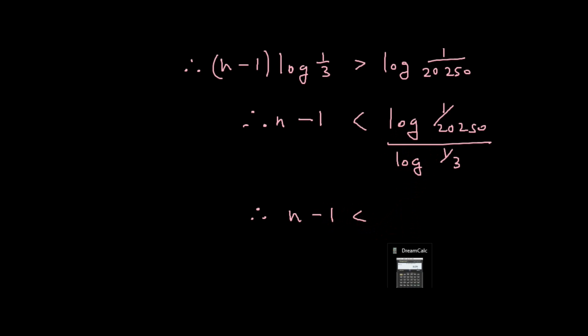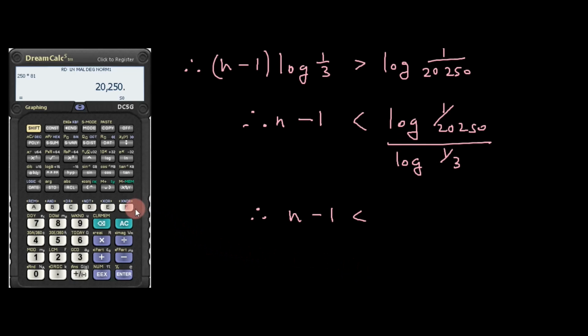And this we can do on a calculator. And it's 9,03 rounded off to 2 decimal places.